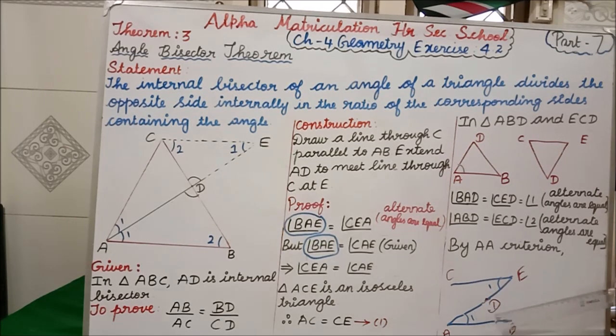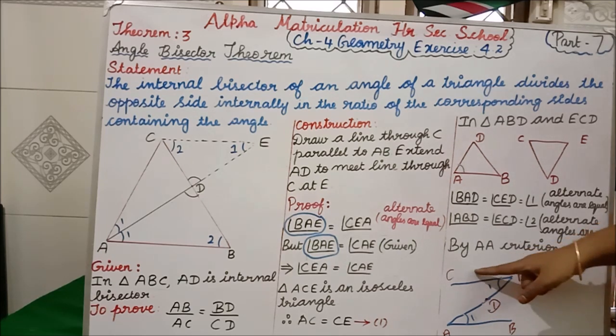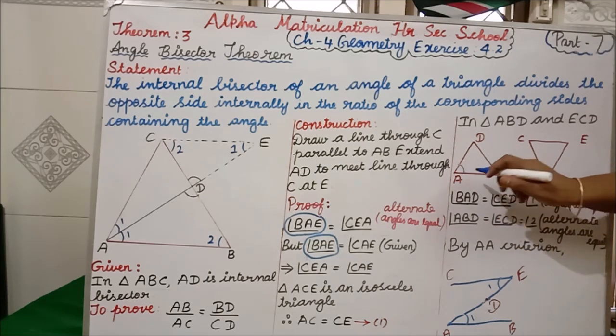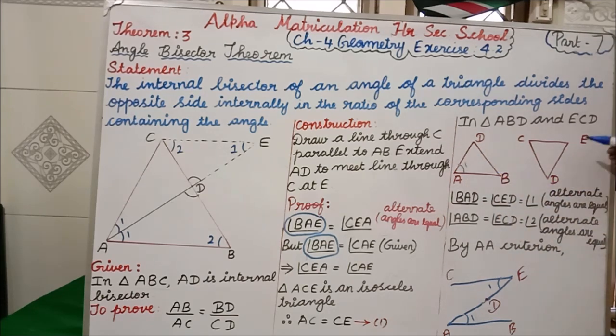Clear all of you? This A and E are alternate interior angles. So I am saying that angle BAD is equal to CED, which means angle A is equal to angle E. So in this triangle, I mark angle A as 1 and angle E as 1. Clear all of you?